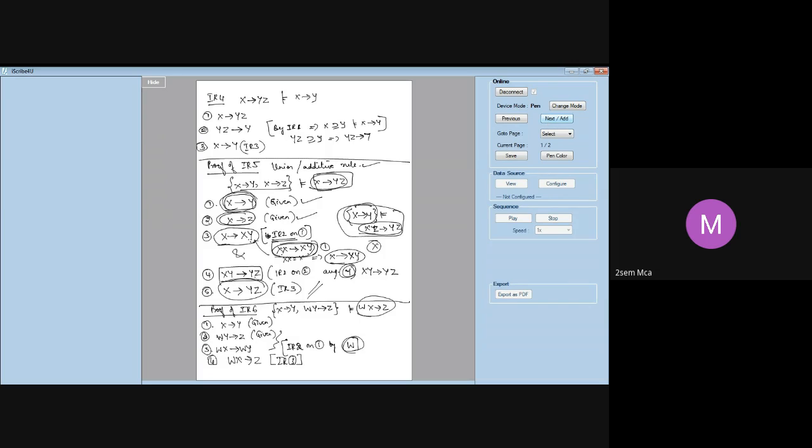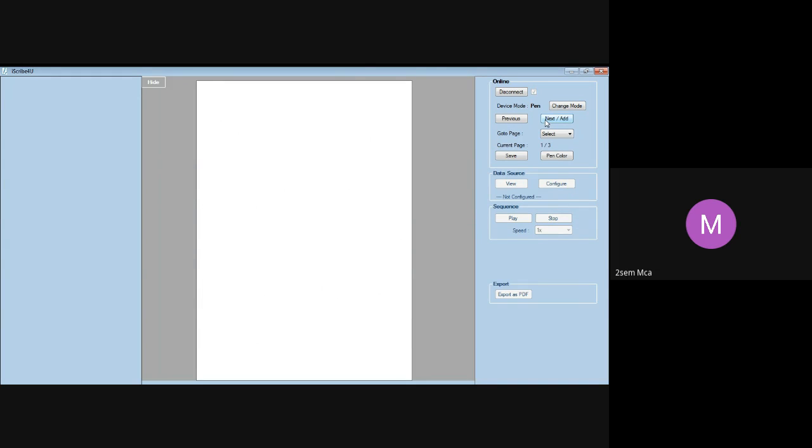Okay. Now, we have seen 6 inference rules, right? IR1, IR2 and IR3 are called Armstrong's inference rules. What are they called? Armstrong's inference rules. Only IR1 through IR3 are called Armstrong's inference rules, not everything.